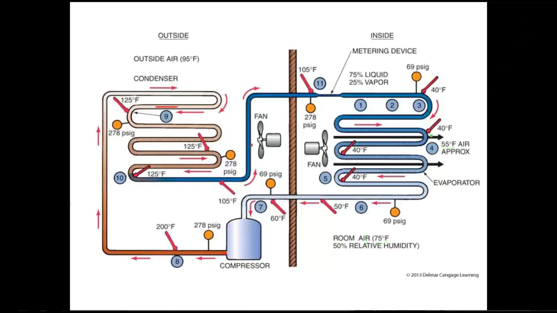Now let's take a look at something here. So we're at 75% liquid, 25% vapor as we exit the metering device. And we are at 69 psig, which equates to 40 degrees Fahrenheit.